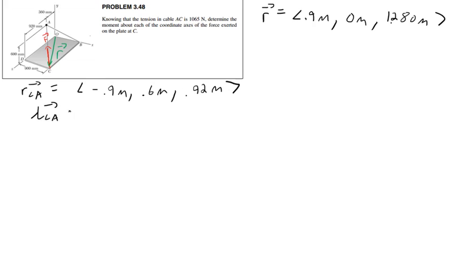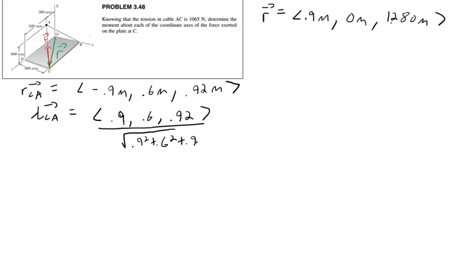Lambda CA is going to be equal to negative 0.9, comma, 0.6, comma, 0.92, all of this over the Pythagorean, the square root of 0.9 squared plus 0.6 squared plus 0.92 squared.